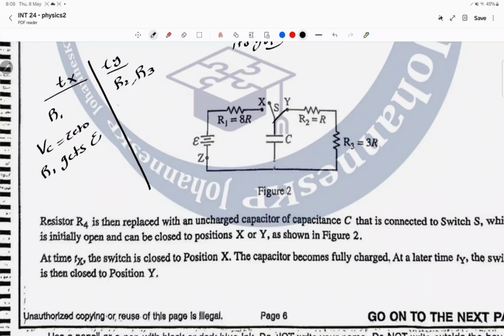And so basically the EMF is from the capacitor, which will now discharge. As it discharges, it will give current to both R2 and R3. Okay, so in both circuits, the current is not 0.